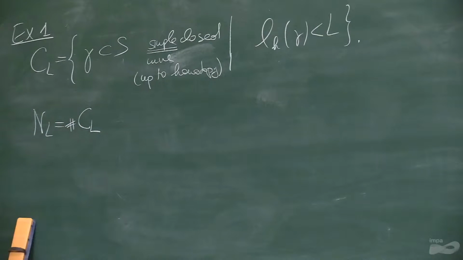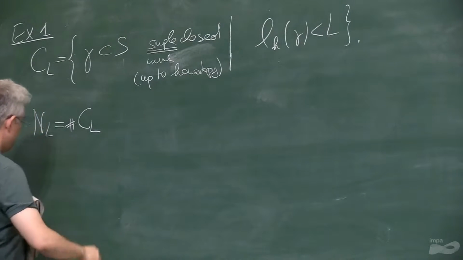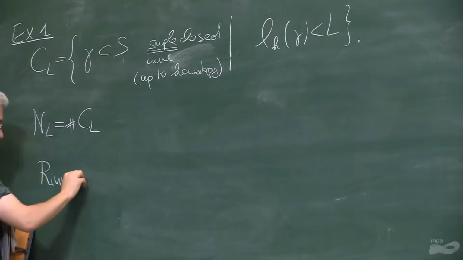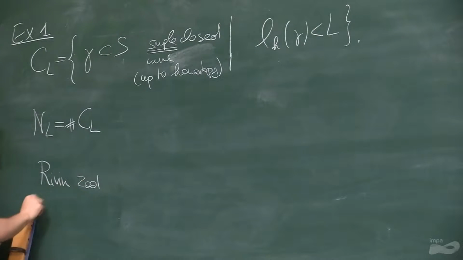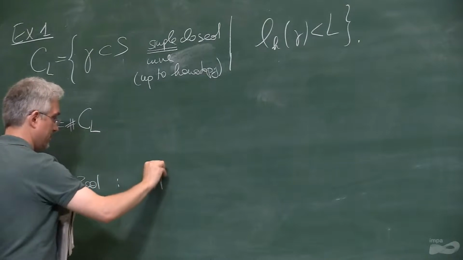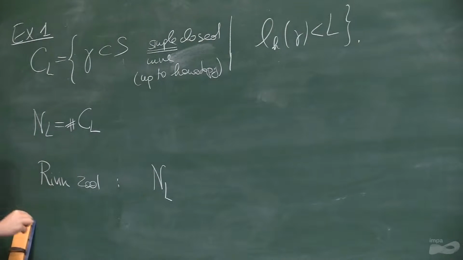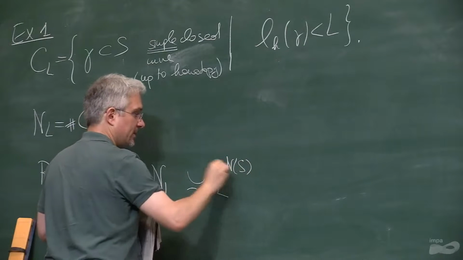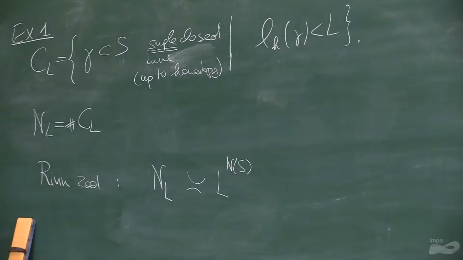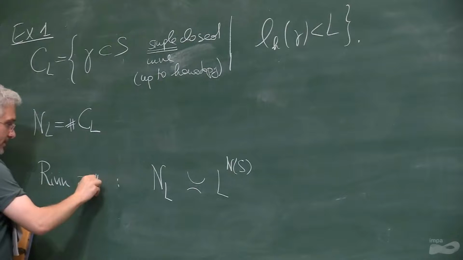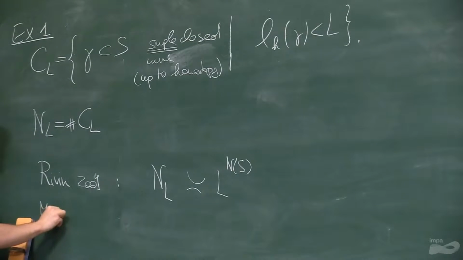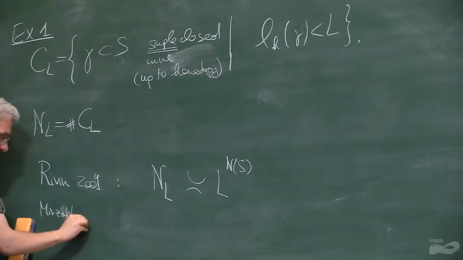And the situation is very different. In this case, I think it is due to Rivin that this number goes as L to this power. And later, it was shown by Mirzakhani a more exact asymptotics.